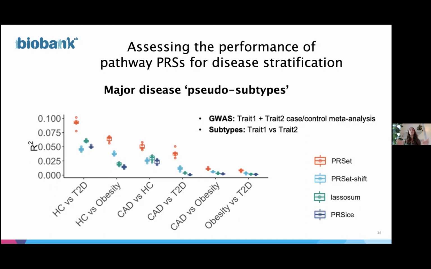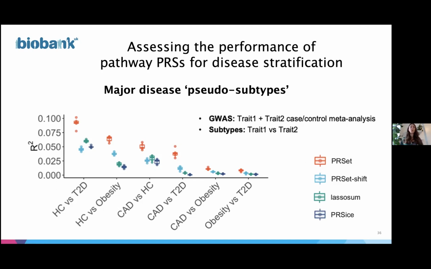All the biological information is gone because we are shifting the gene coordinates. And what you can hopefully see is that PRSet was doing quite a bit better compared to the genome-wide methods. And also it was doing better compared to this PRSet-shift, where we are also using many different parameters to optimize the model. So this was quite encouraging.